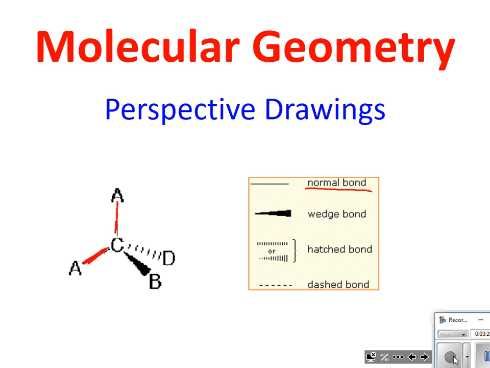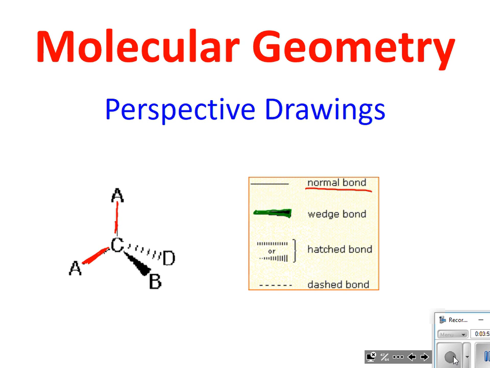They have 2 different ways. The one I like to use is just these hashes like this. Sometimes I guess I use it like that. Those hashes and this wedge bond right here. Now, what do those mean?